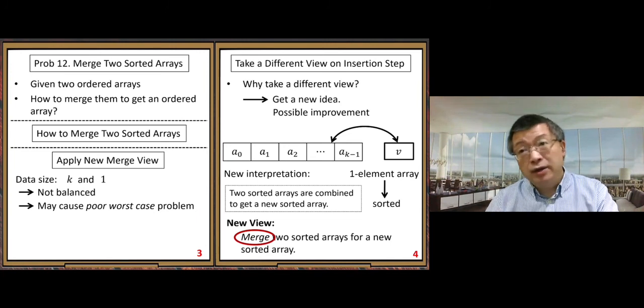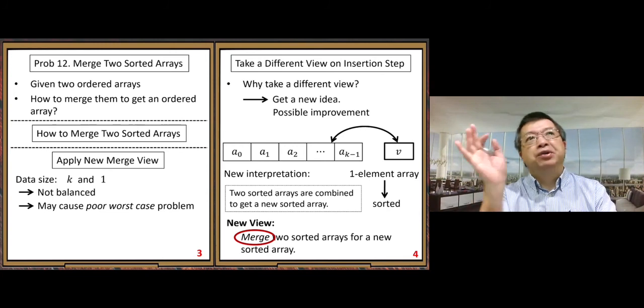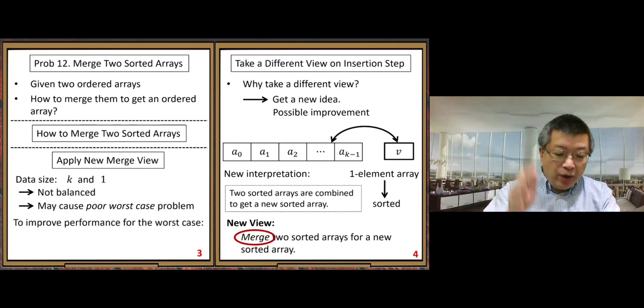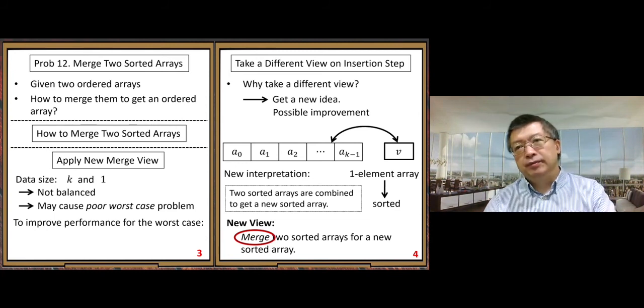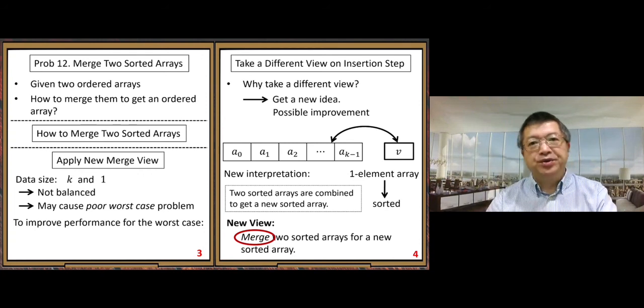So we don't like that. We want to reduce the poor worst case inefficiency. How to fix it? The idea is pretty straightforward. We try to make our data balanced. That's the main idea we want to use to improve the efficiency.